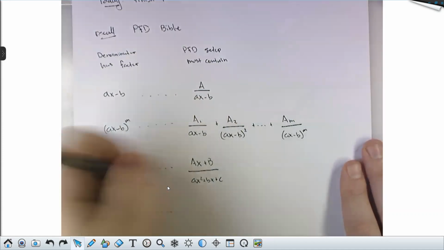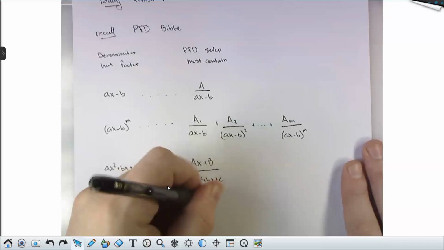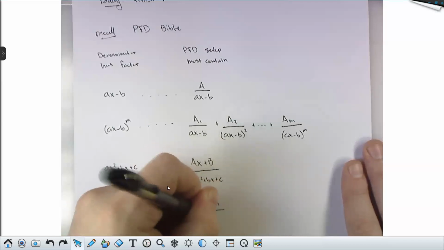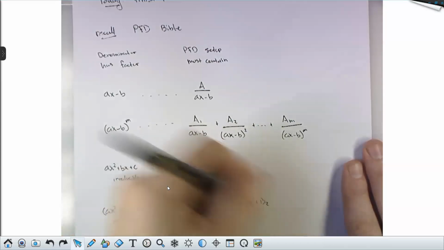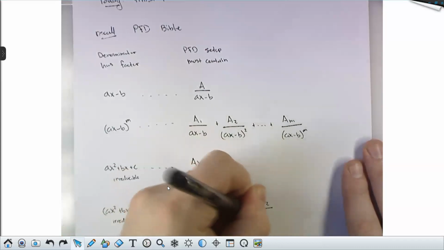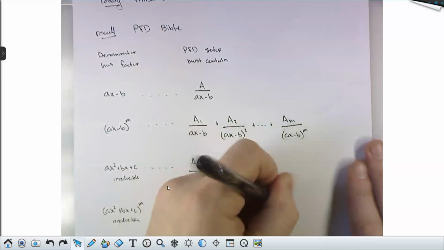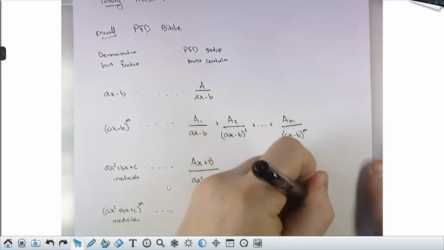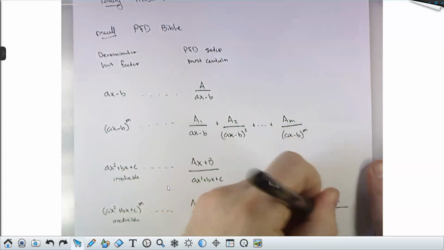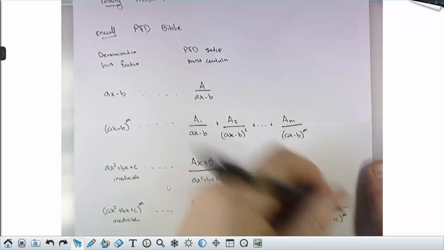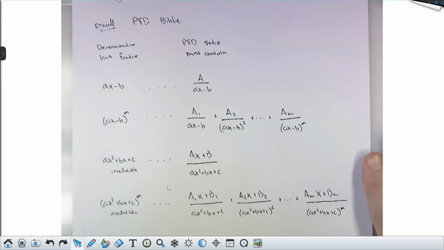So that would lead to something like a1x plus b1 over ax squared plus bx plus c, plus a2x plus b2 over ax squared plus bx plus c all squared, and you'd build all the way up to whatever that power is. So this is the table or key that tells you how to set up partial fractions for a given proper rational function.